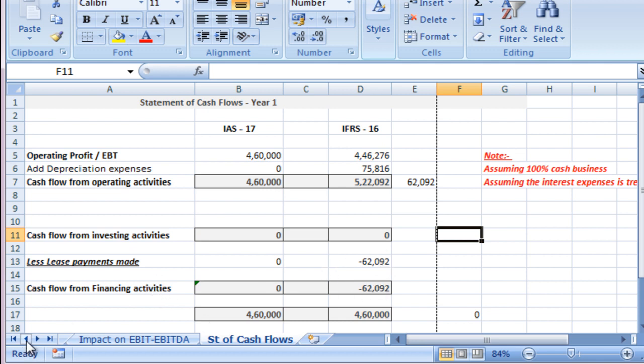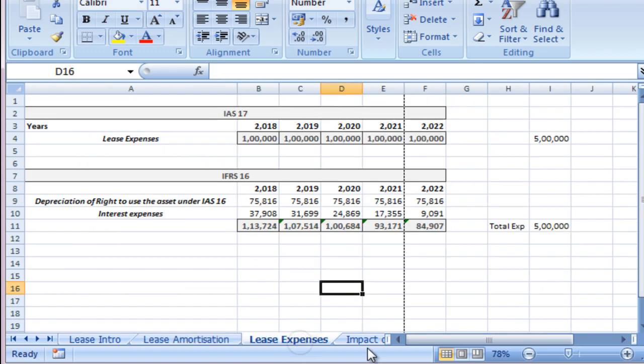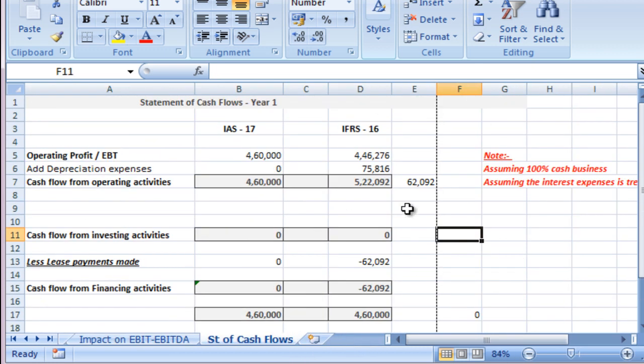So I've taken the principal payment from here, 62,092. In totality, this is the operating profit, 446,276, under the current regime. Under IFRS 16, we need to add the depreciation expense because it's a non-cash item. So through the introduction of IFRS 16, there will be an increase in the cash flows from operating activity.